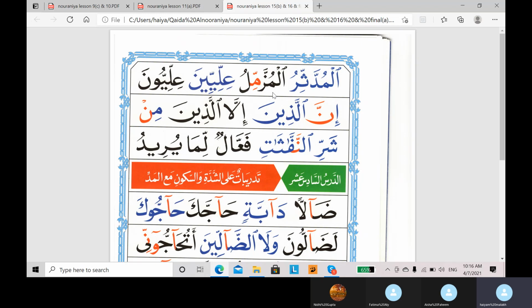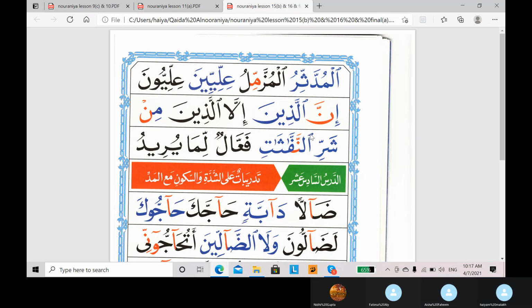Just stress on the letter with the shadda. For example, here, Alladhina: without shadda it would be just ina, but with shadda it is inna. Just hold for two seconds on it, or one second, two seconds, it doesn't matter, just a little more time on the shadda.